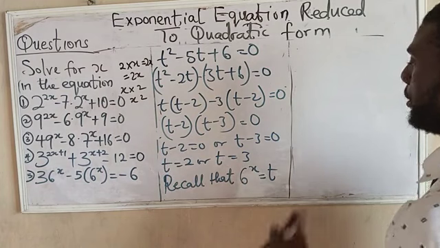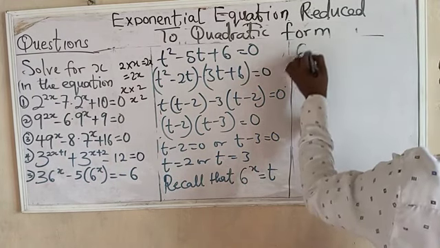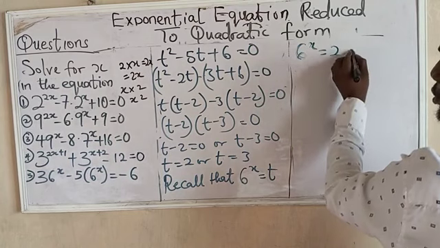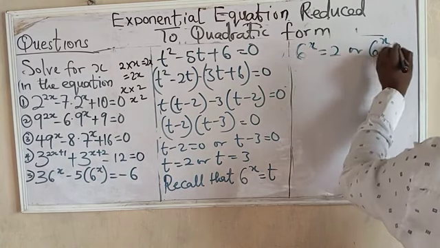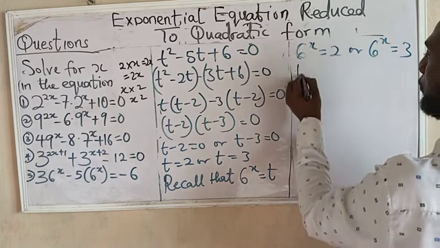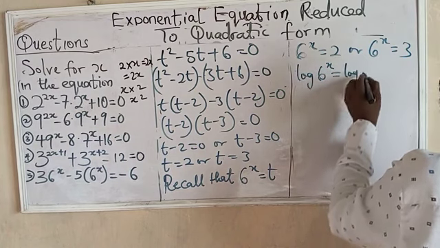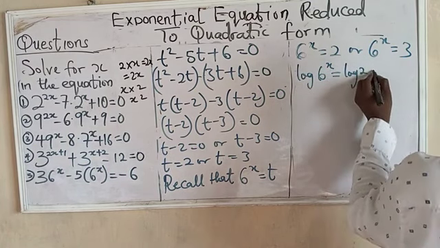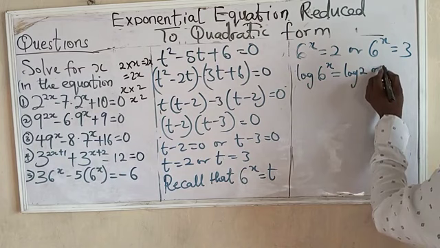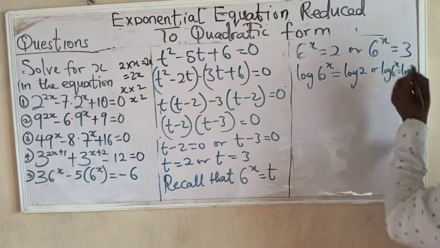So we have 6 raised to the power x equals 2, or 6 raised to the power x equals 3. As usual, we take log on both sides, so we have log 6 raised to the power x equals log 2, or log 6 raised to the power x equals log 3.